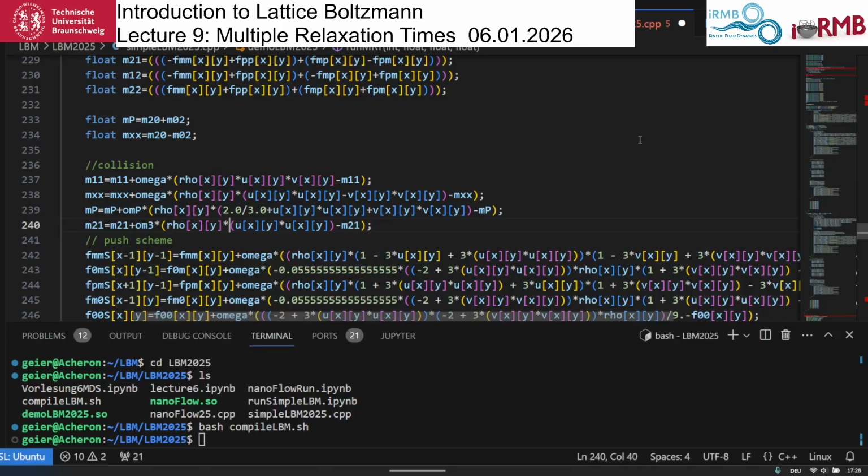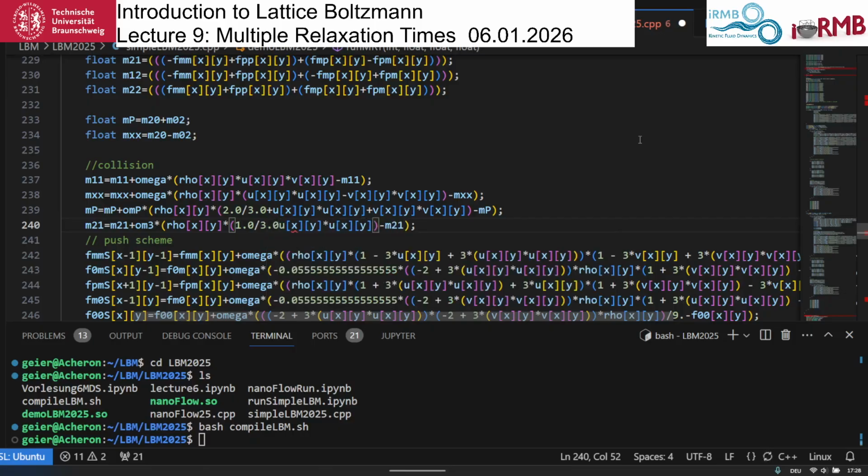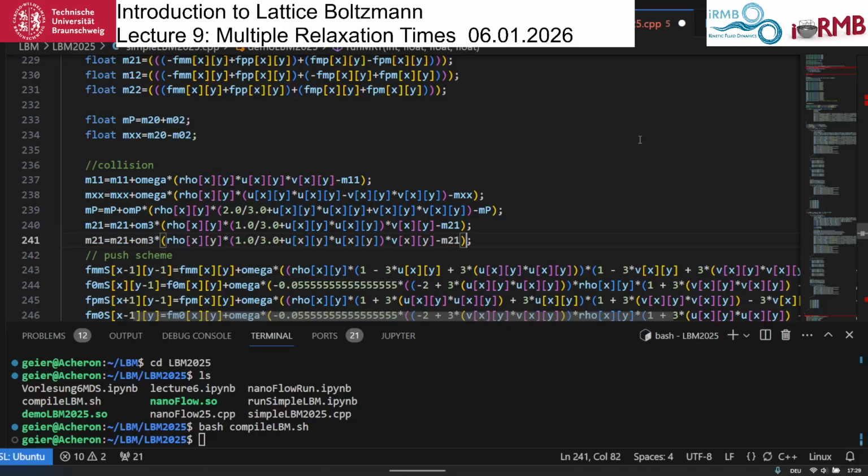M20 is 1/3 plus u square, right? And this multiplied by Vx by V. So similar, the other way around.